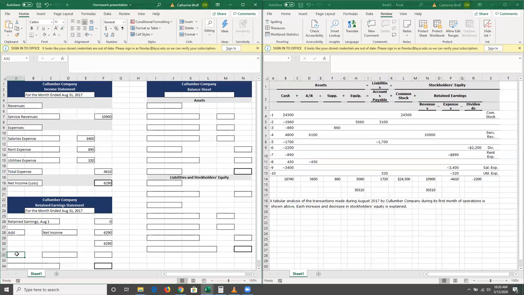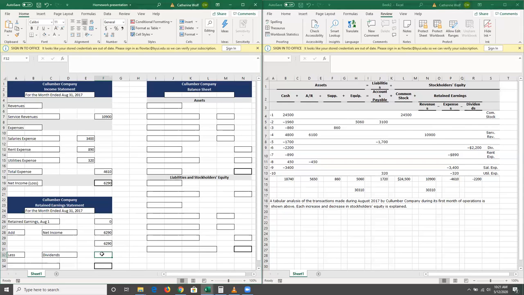Next thing you're going to do is subtract the dividends. And the cool thing about over here as well is you can actually see that it lays it out for you, that your retained earnings shows everything: your revenues minus expenses minus dividends. So that's kind of a cool little thing as well.